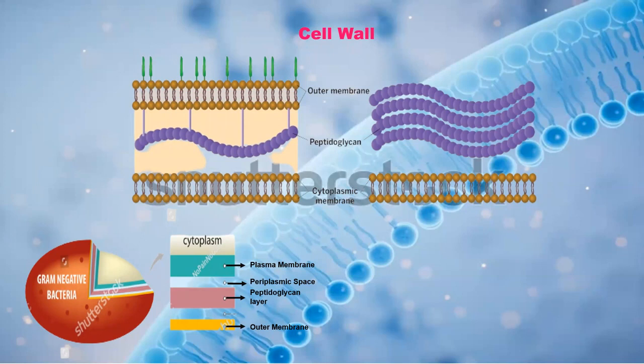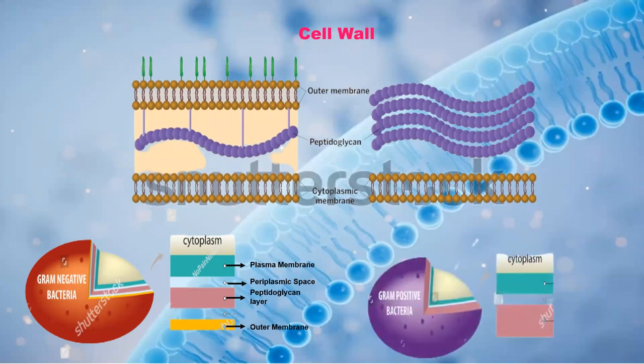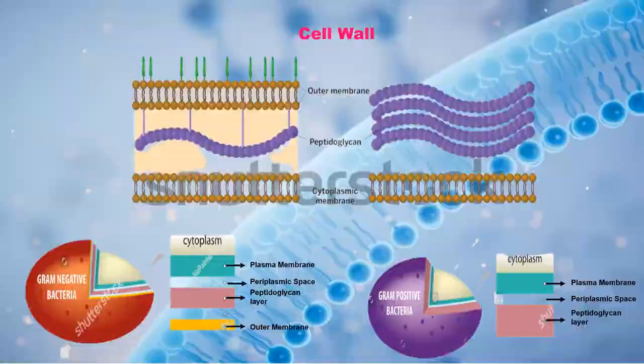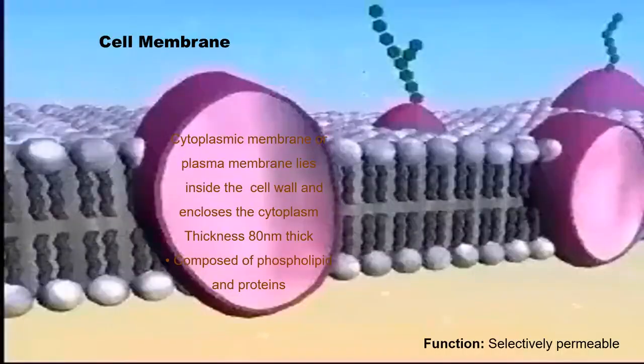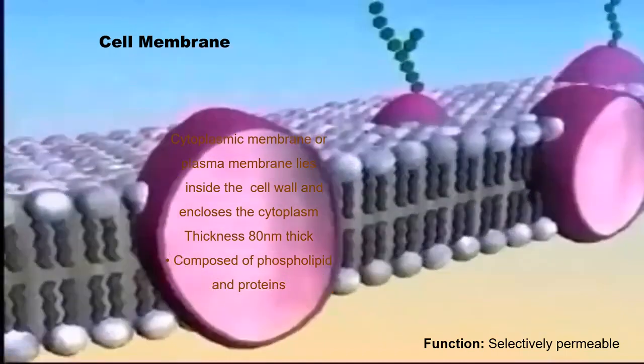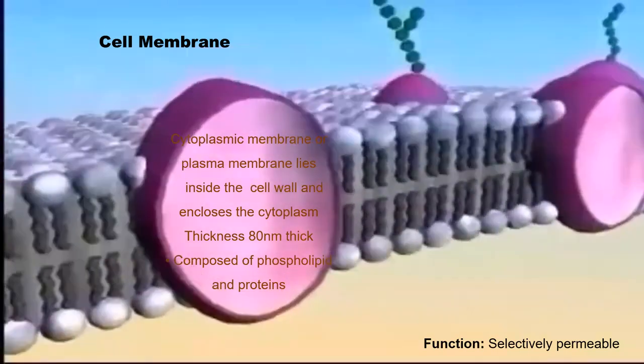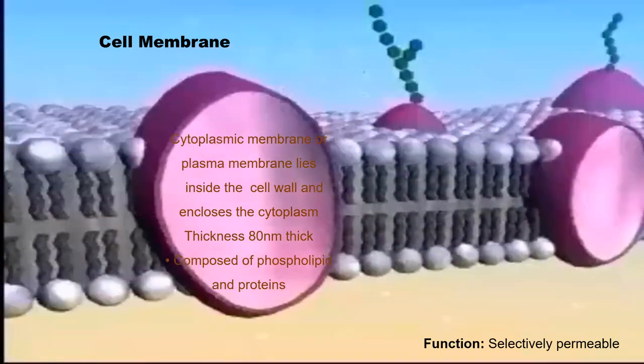Next comes the gram-positive cell wall. It has plasma membrane and a thick peptidoglycan layer. A periplasmic space is present between them. Now we can see about the cell membrane. The cell membrane is also called as cytoplasm or plasma membrane.